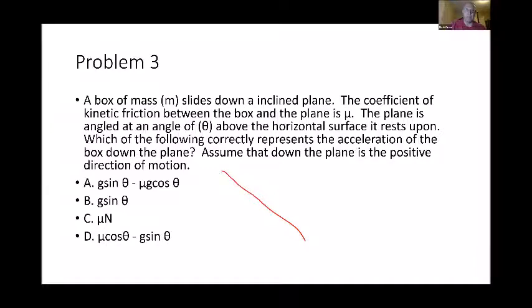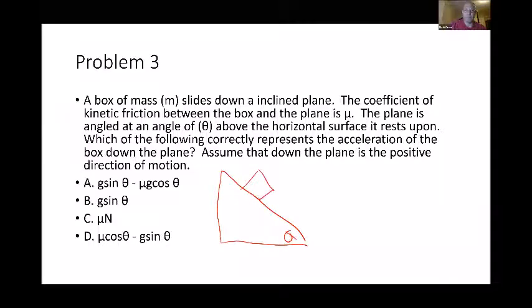So again, back to our inclined plane. Drawing our weight. That's FG, or let's just use it as mg. It's the weight. Drawing our components of that weight. One perpendicular, one parallel.